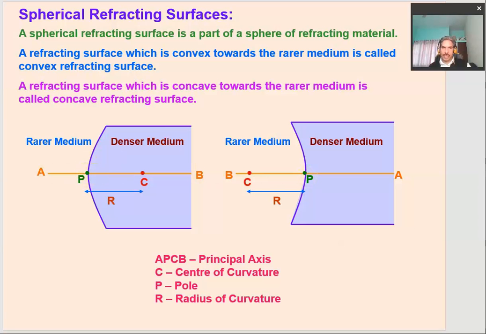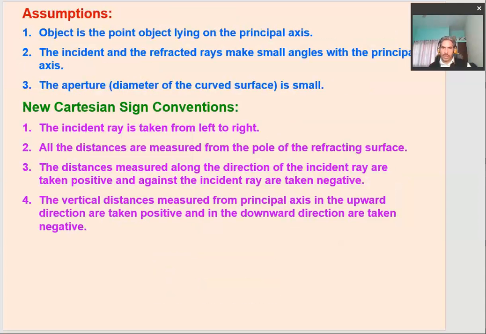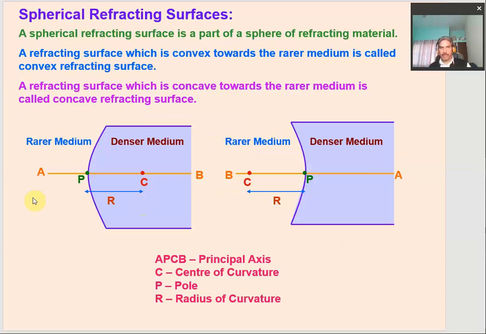Distances along the direction of the incident ray are taken as positive, and opposite to the incident ray, negative. Similarly, above the principal axis all lengths are positive, and below the principal axis they are negative.